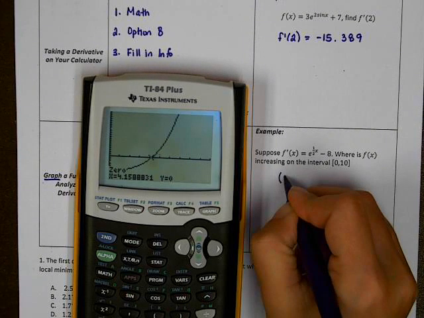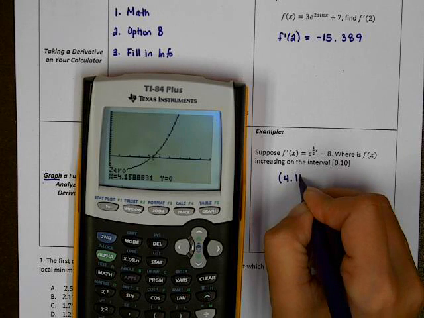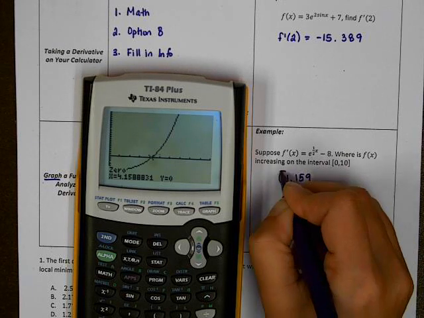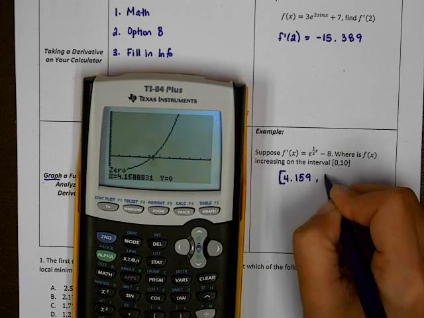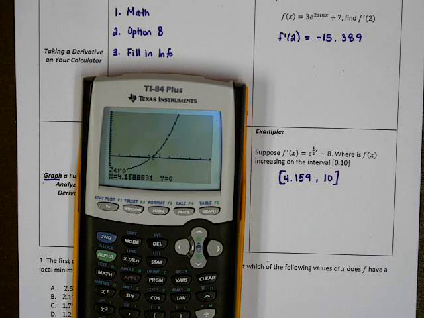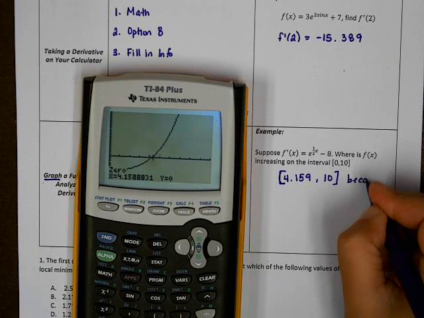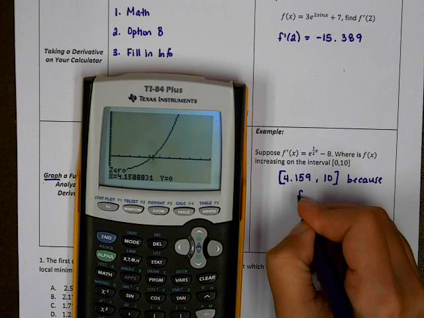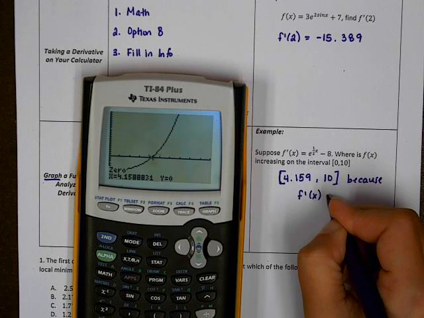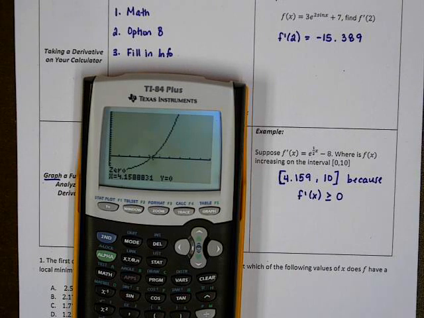So I would say from 4.159, oops, this should be a closed bracket, to 10, my original function is increasing because the derivative is greater than or equal to 0. So I'm above the x-axis.